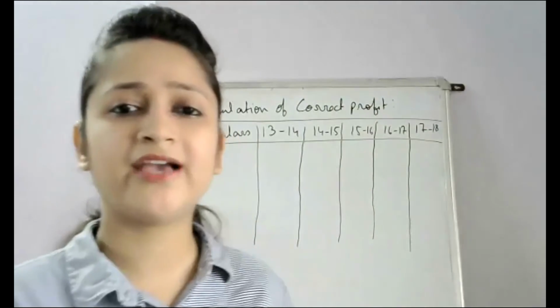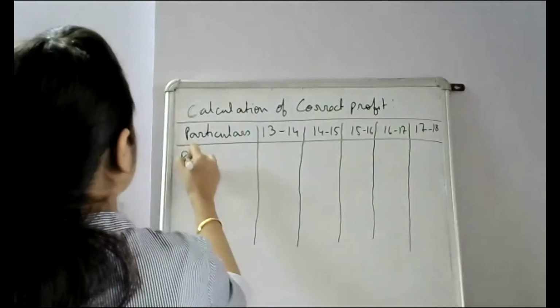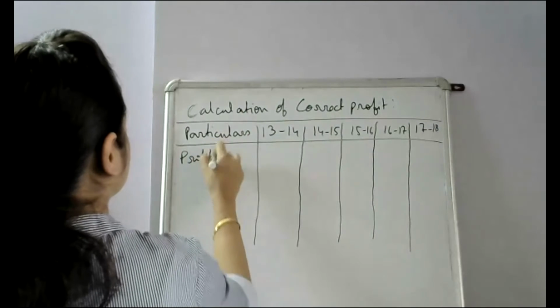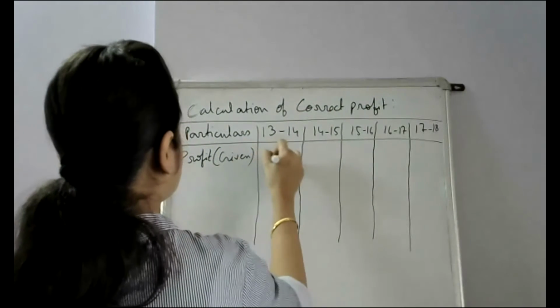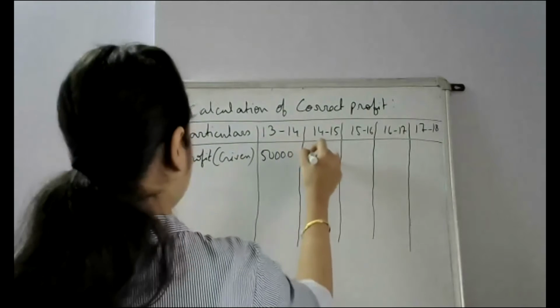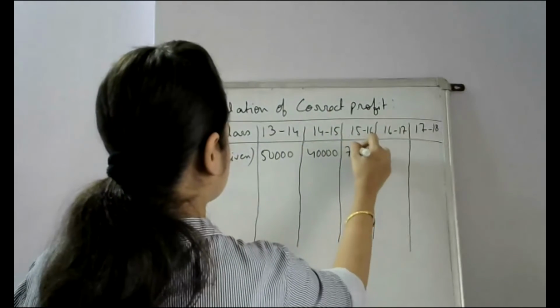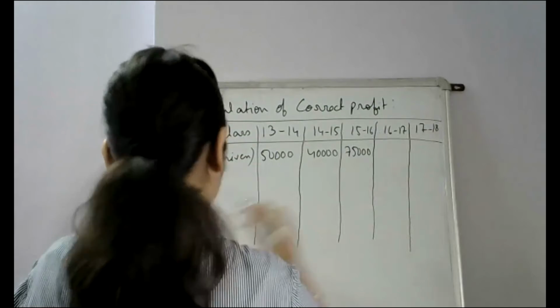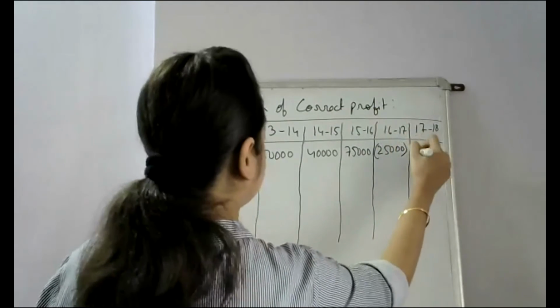Now, first we have to write the profit given. So, profit given: 50,000, 40,000, 75,000, 25,000 negative, and 50,000.